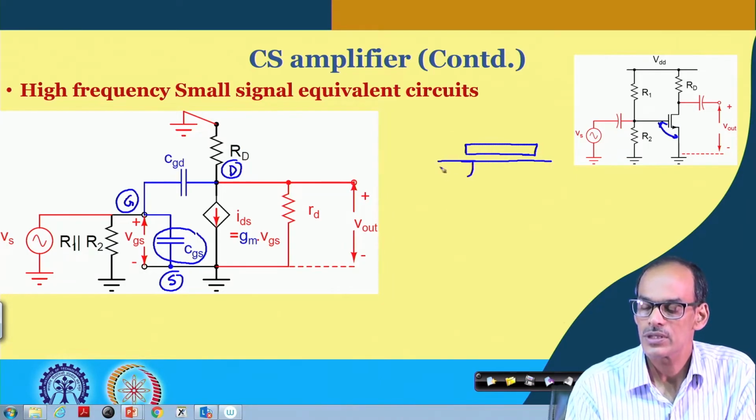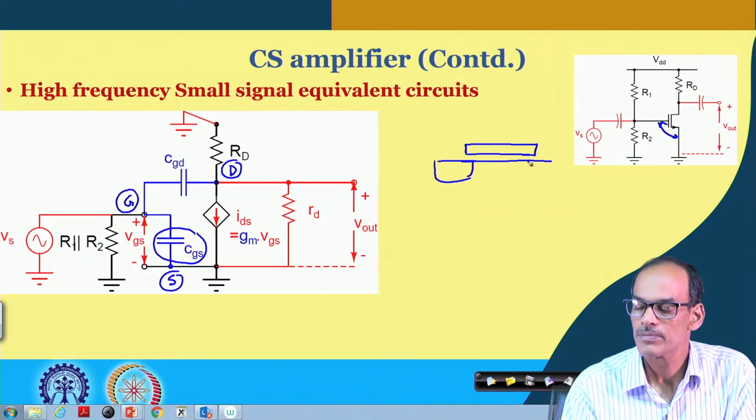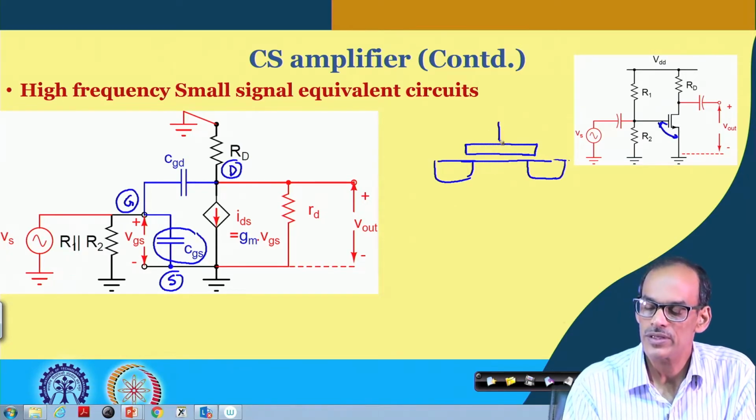this. If you recall the MOS structure, its simplified cross sectional view, this is where we have the thin oxide, and here we may have the channel. So, the CGS is primarily due to this capacitance.